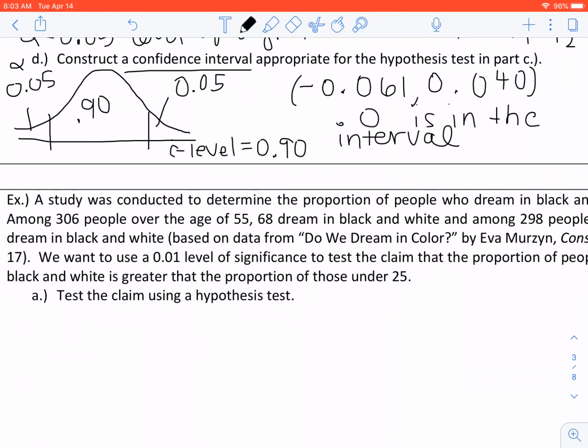And it says if 0 is in the confidence interval, then we do not reject the null hypothesis. So, do not reject H naught. And again, on the calculator, this was using 2 prop z int.